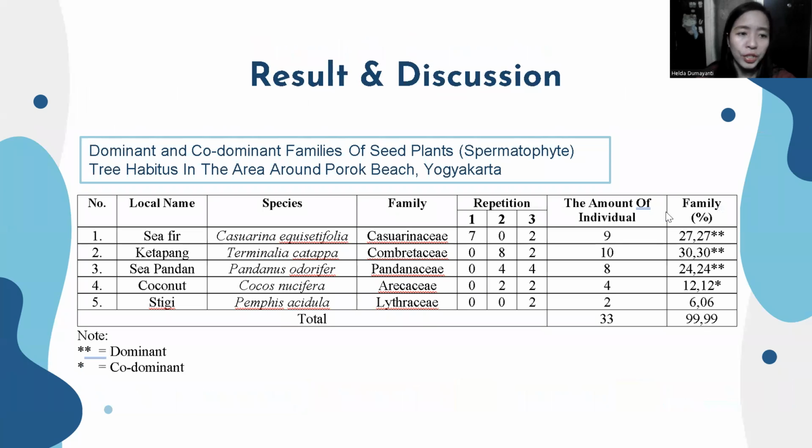Result and discussion. Dominant and codominant families of seed plants, tree habitus in the area around Porok Beach, Yogyakarta.